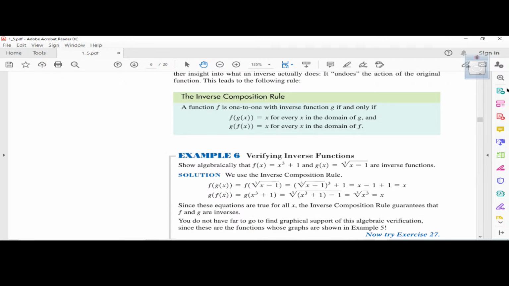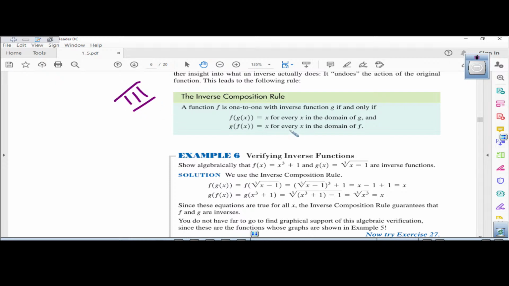Okay, so I'm not going to spend more time obviously on this easy part, but we're going to spend time here on the third method. So that was the second method that we just looked at, the y equals x reflection. The third method for inverses is going to be using the composition. And what the composition rule states is this: if the function f is 1-to-1 with inverse function g, if and only if f of g of x is equal to x and g of f of x equals x.